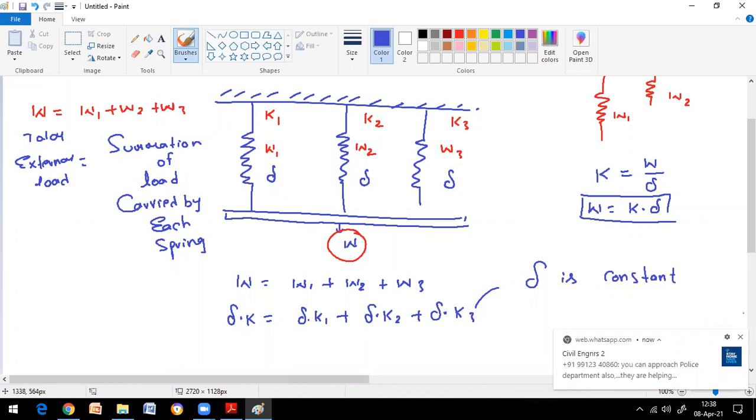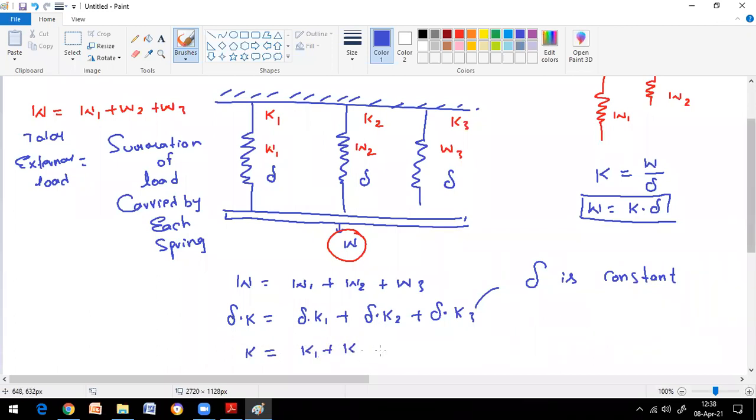Why? Because all springs are connected at the same height, in parallel. So the deflection of the first spring will be the same as the deflection of the second and third springs. By that, finally you can write K is equal to K1 plus K2 plus K3.